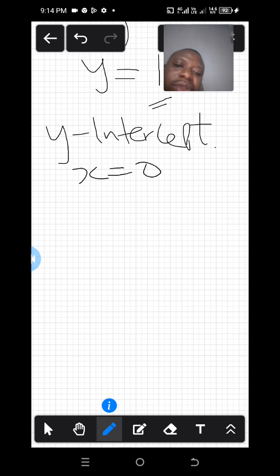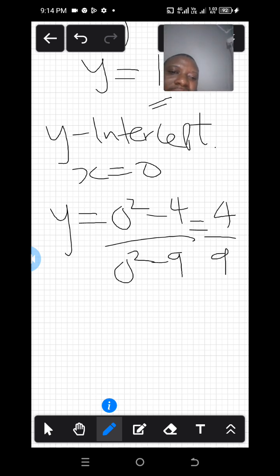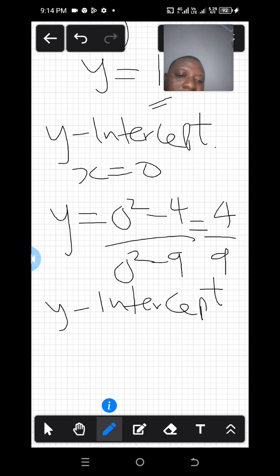So let us put the value y equals 0 squared minus 4 over 0 squared minus 9. So here we get 4 over 9. So the y-intercept can be written as 0, 4 over 9.